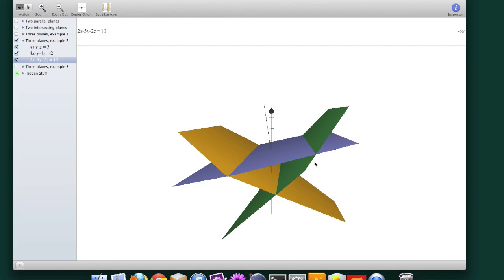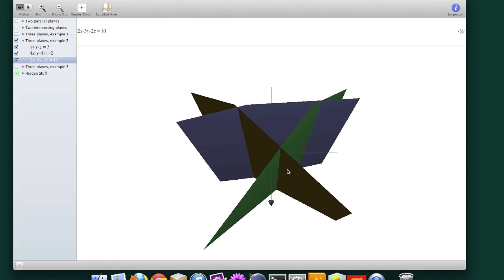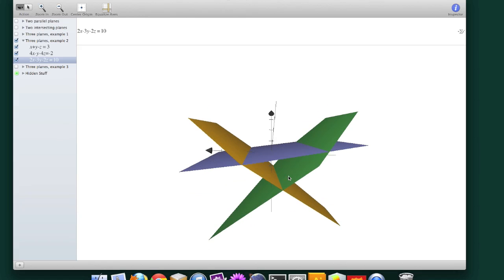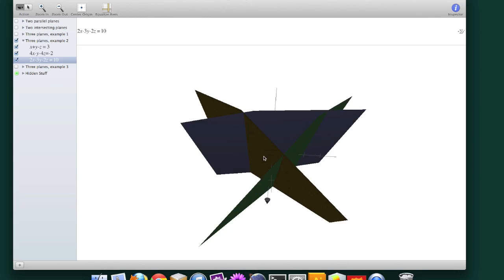There is no point that is on all three planes. We have three lines of intersection between two at a time, but being on two at a time is not enough to be a solution of this entire system. So this system has no solution because there is not a point that is on every single plane at the same time.